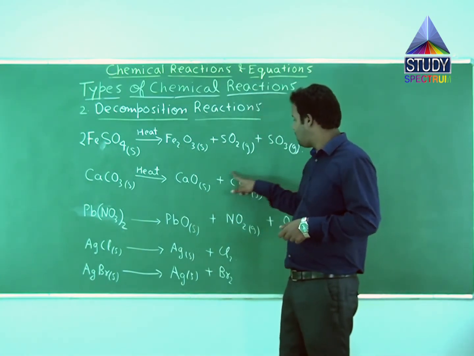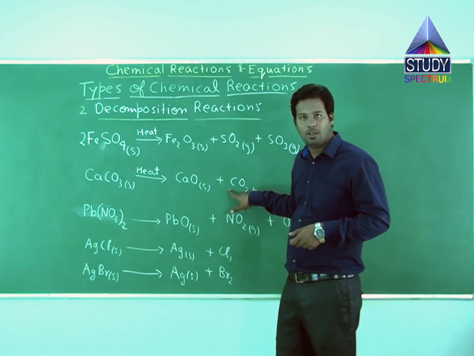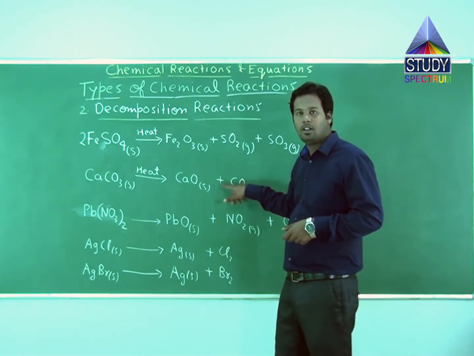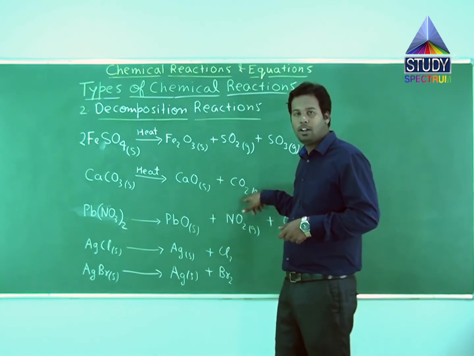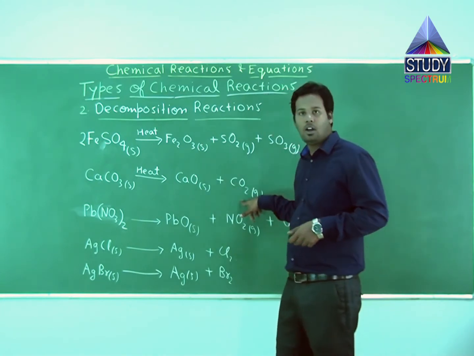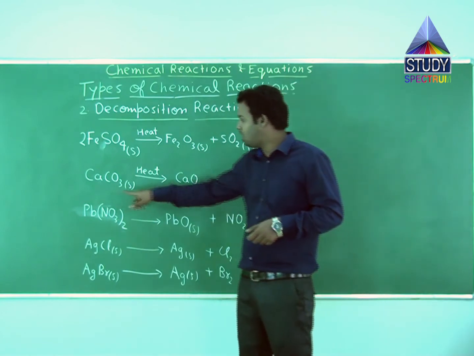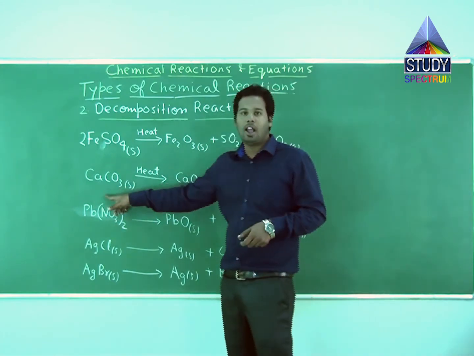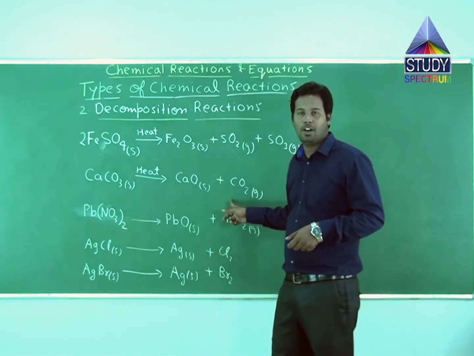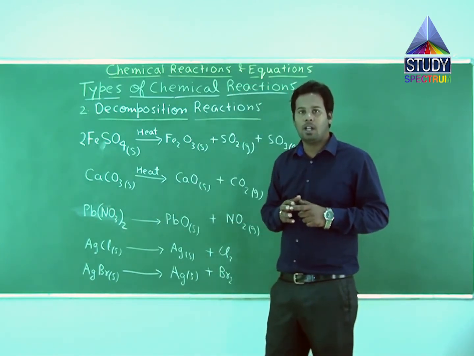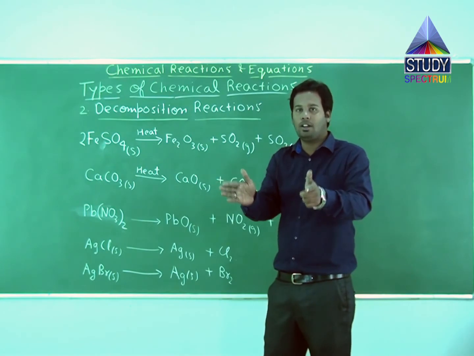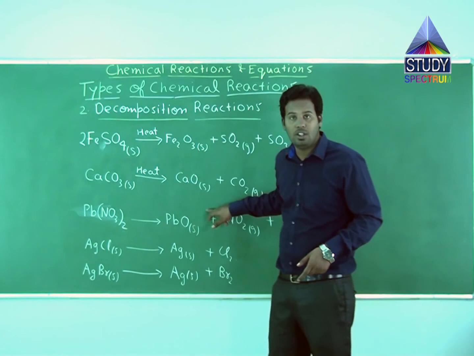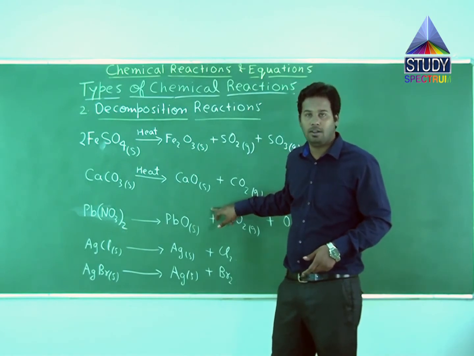For the second product, the stoichiometric coefficient of CO2 is 1 and the suffix of oxygen is 2, so oxygen atoms in this product is 1 into 2, that is 2. So 1 plus 2 makes 3 oxygen atoms on the right hand side. It means the reaction is already balanced, and we find that a single reactant is being converted into two different products, or a single substance is being split into two products on applying heat. It means it is a decomposition reaction, and that is what we are trying to study.